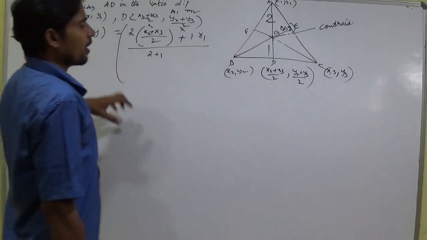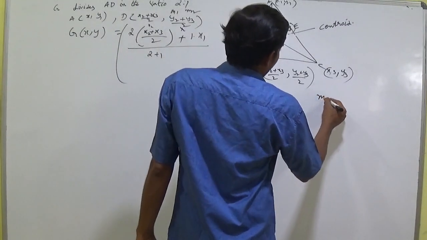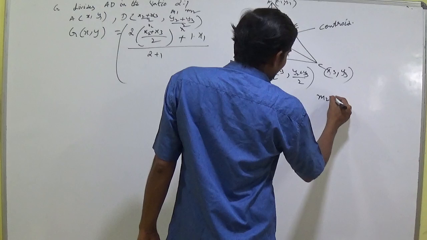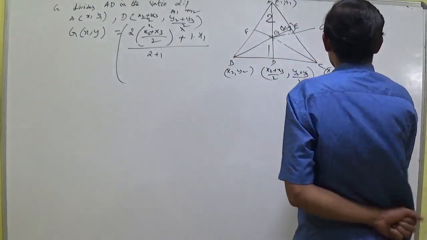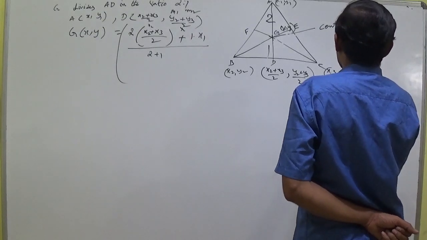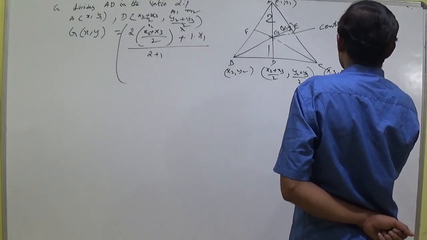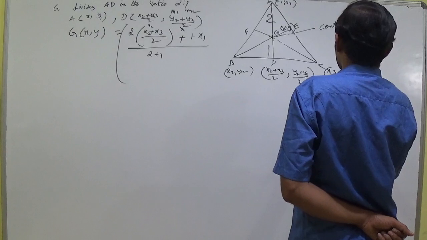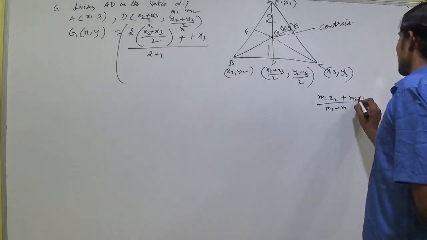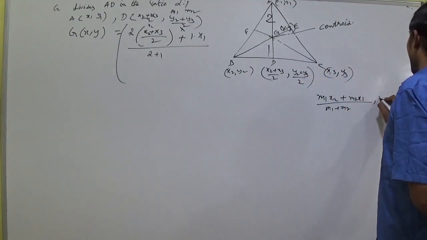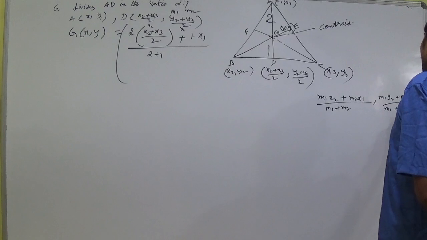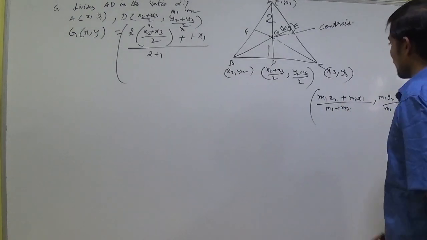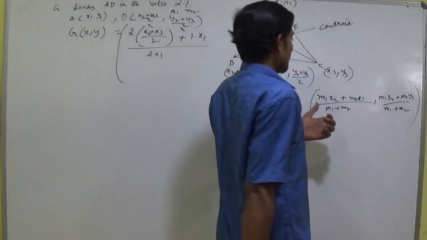Actually we have a formula: (m1 x2 + m2 x1)/(m1 + m2) and (m1 y2 + m2 y1)/(m1 + m2). This is the section formula. Everybody should remember this.